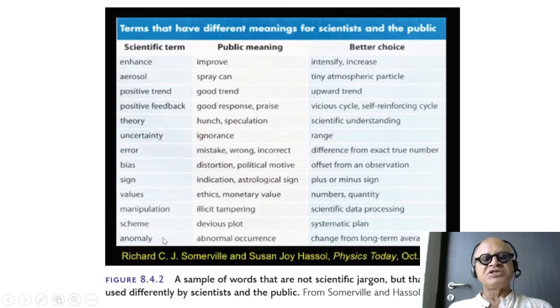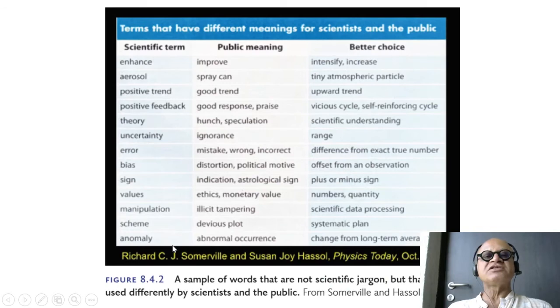Values, manipulation, scheme. Okay, we commonly use parameterization scheme in our language, which means it's a way of representing a process that is not explicitly captured by the physics, but for people it may mean a devious plot. Really bad idea, right? So systematic plan may work better in that case.